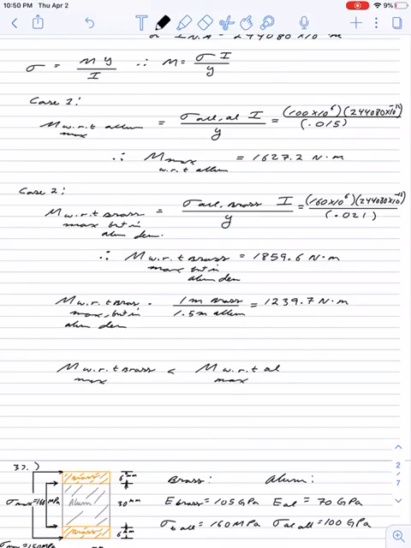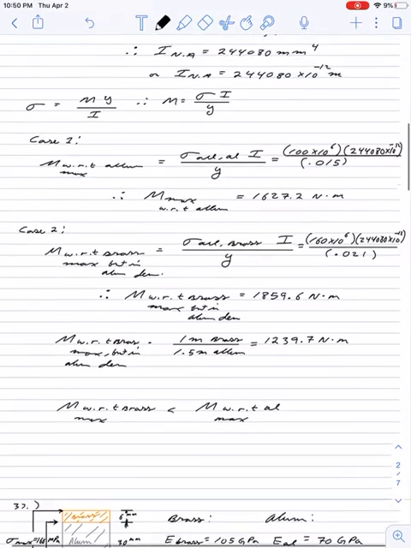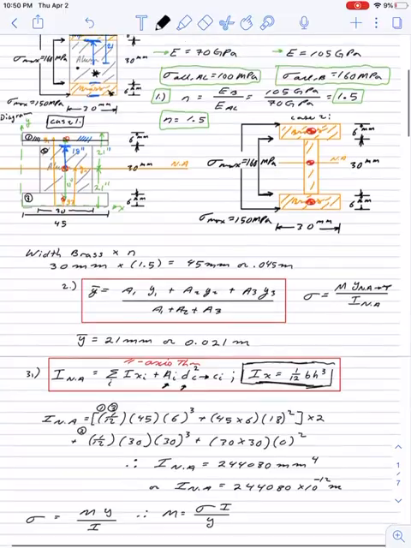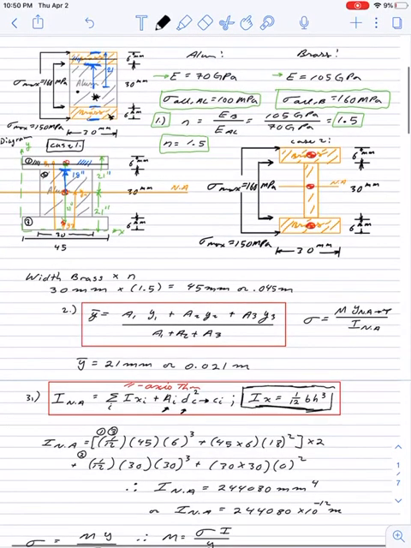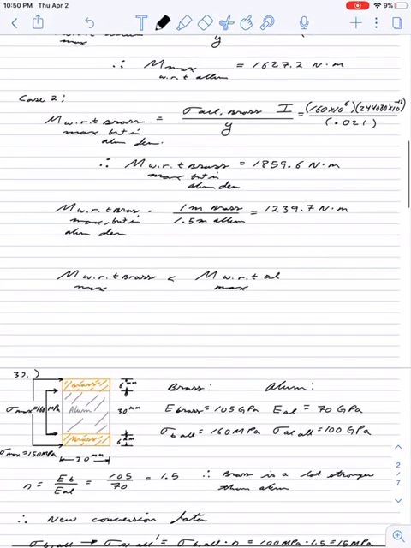And so to satisfy both conditions, where aluminum won't break and brass won't break, we're going to have to use the smallest moment, which is the moment with respect to brass.